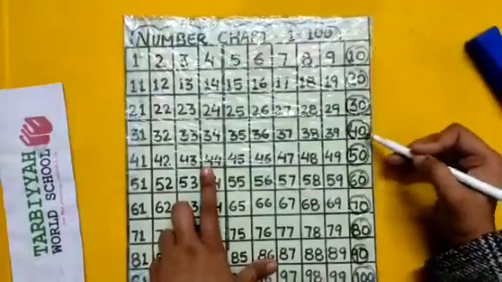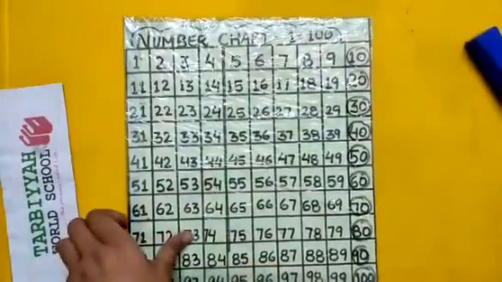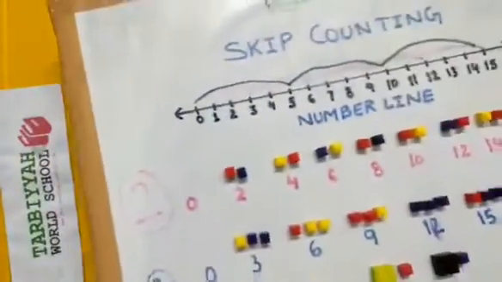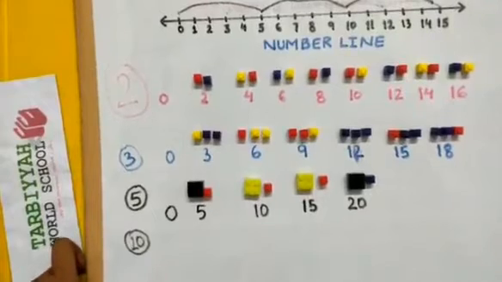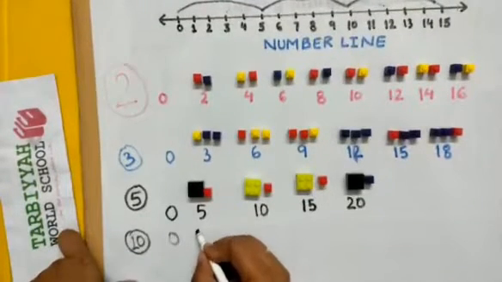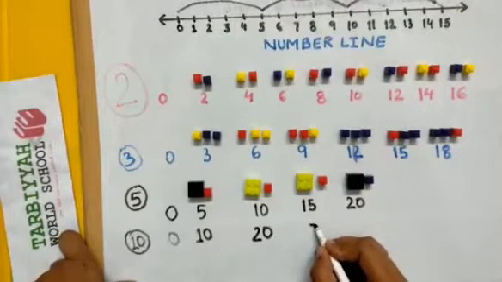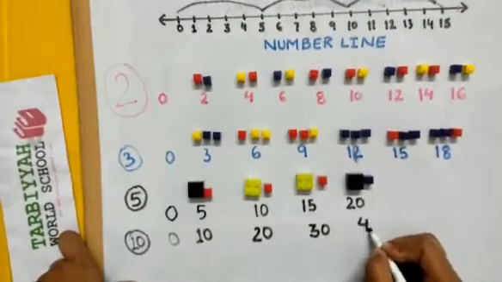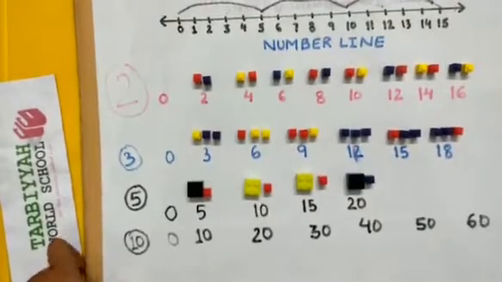So we write down on our chart 0 and 10, 20, 30, 40, 50, 60 and so on.